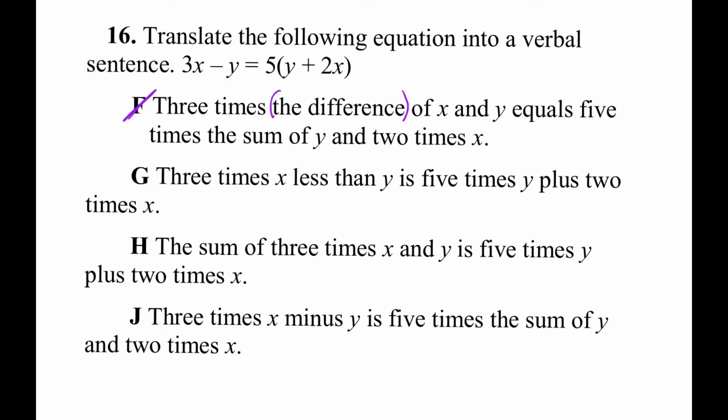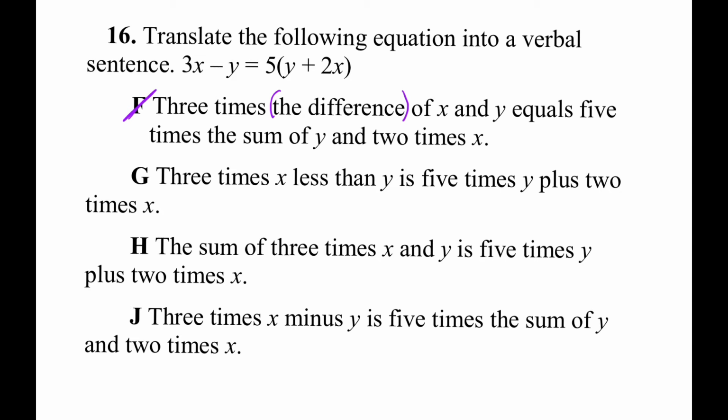Okay? Let's go ahead and look at the next one: 3 times x less than y. Now this one kind of makes sense because less than is minus, but it says 3 times x less than y is 5 times y plus 2 times x. It kind of makes sense, but let's go ahead and look at the less than.